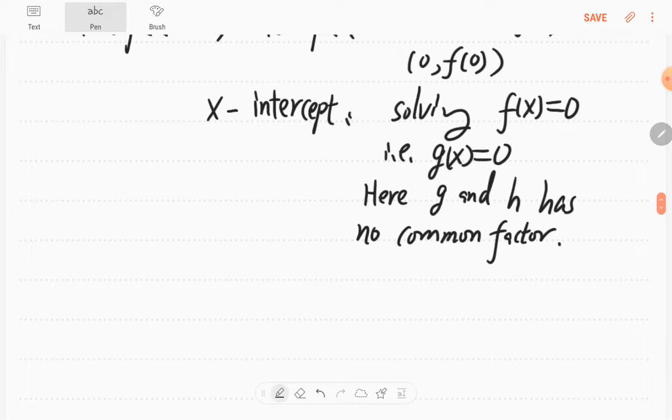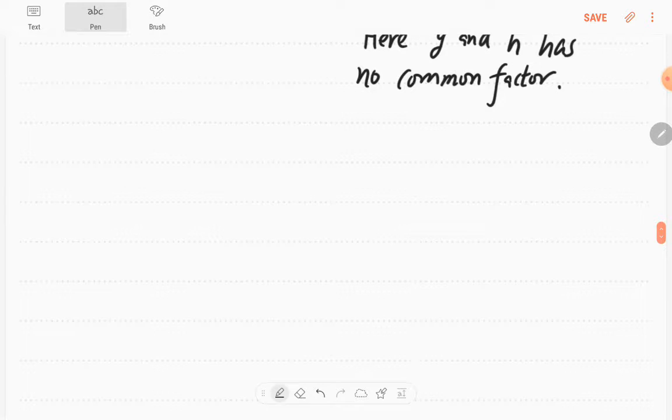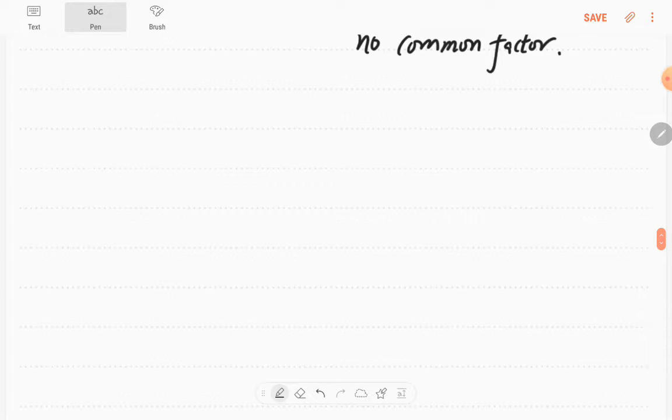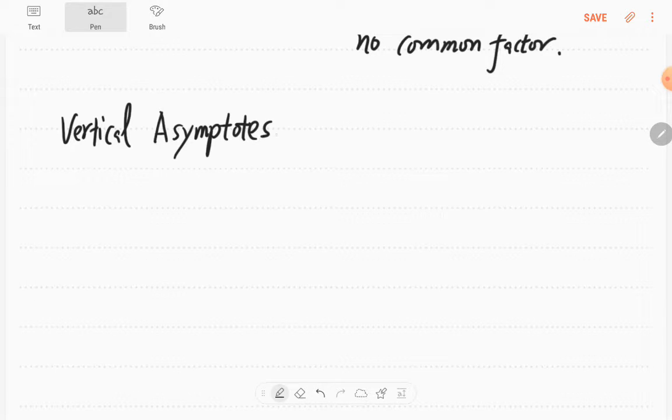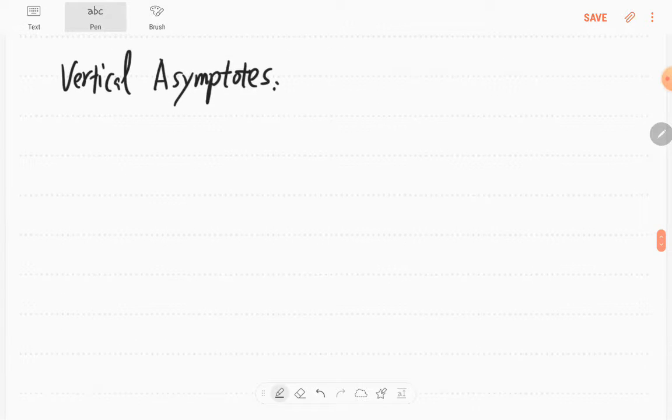Okay. So here we want to introduce another new thing for the rational function, which is called vertical asymptotes. The vertical asymptote is one of the following things, at least one.